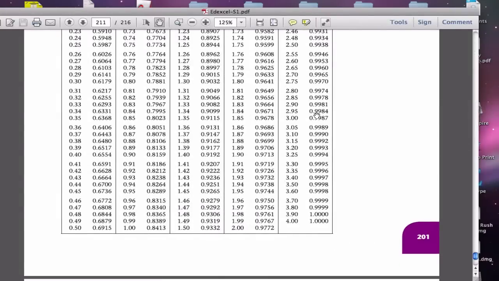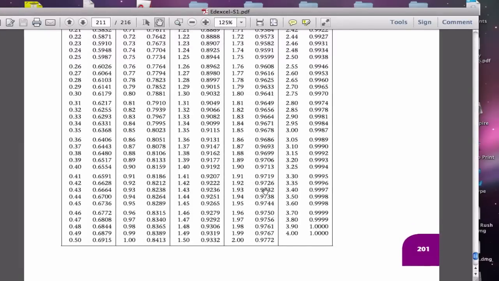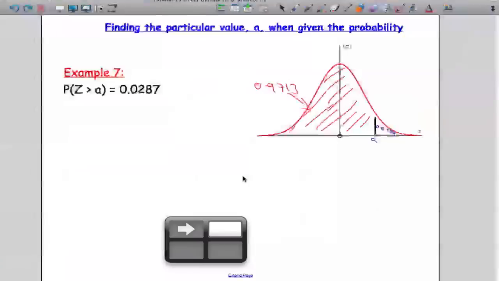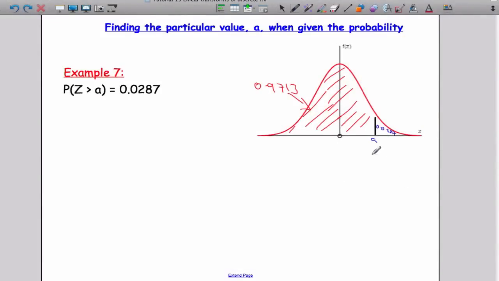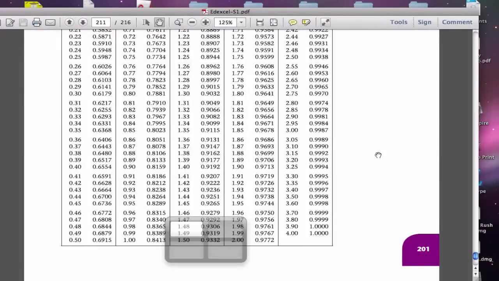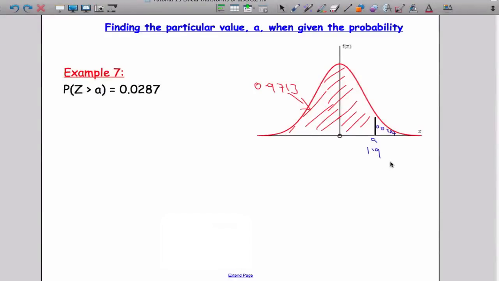So let's see if I can find it. There it is, 0.9713. The value must be 1.9. So A must have a value of 1.90, because the probability that Z is less than 1.90 is equal to 0.9713. Okay, let's have a look at the next question.